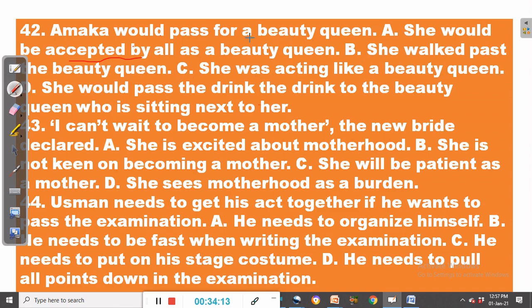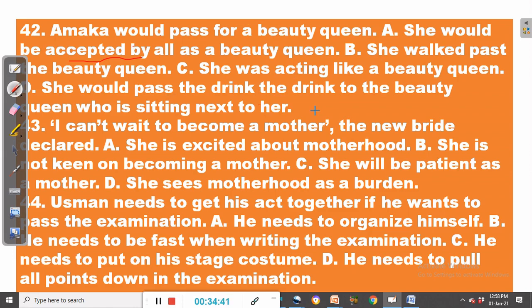Definitely, we were not told she was acting like a beauty queen. Now, what we find in this sentence is the opinion of the speaker, not the behavior of Amaka. All right. So now let's look at option D. She would pass the drink to the beauty queen who is sitting next to her. Well, all these are not implied in the sentence at all.